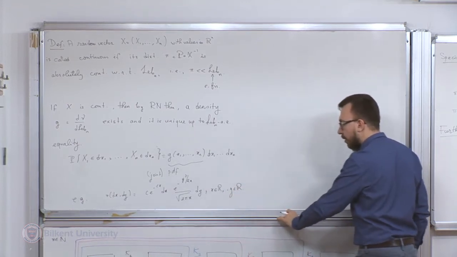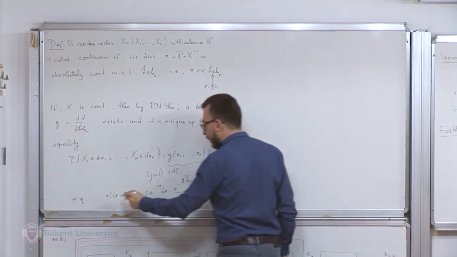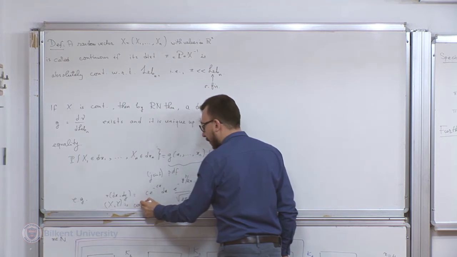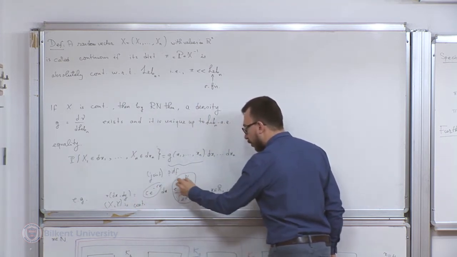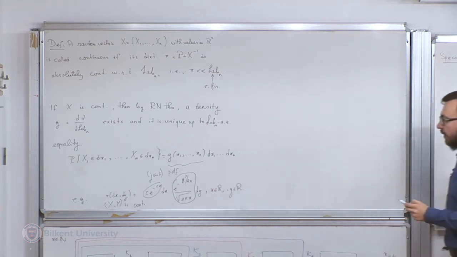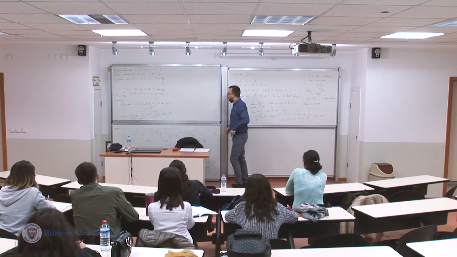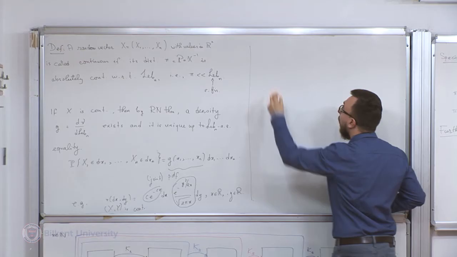So the random variable (X, Y) with this joint distribution is continuous, and this is the joint probability density function of it. But let me give as a remark one warning.